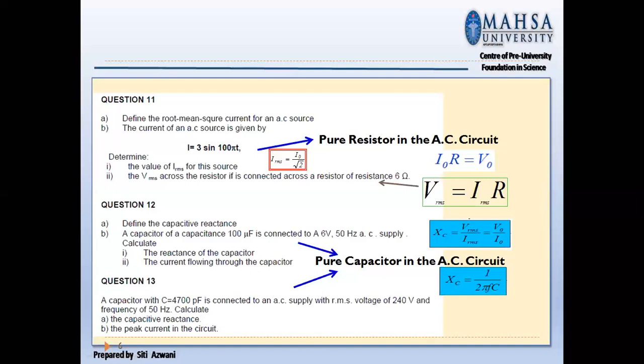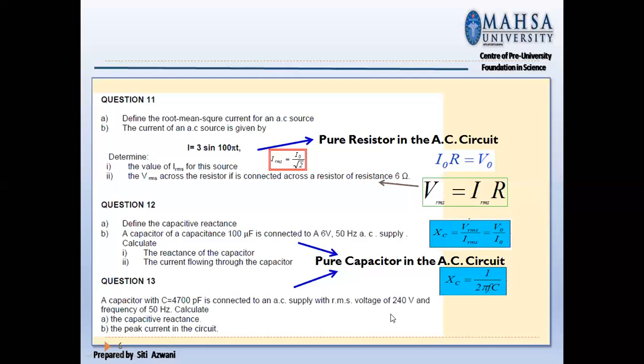Next, the peak current, I naught. You have your value of the capacitive reactance, and you have a value for your VRMS, so you can apply this formula to get the value of your IRMS first.